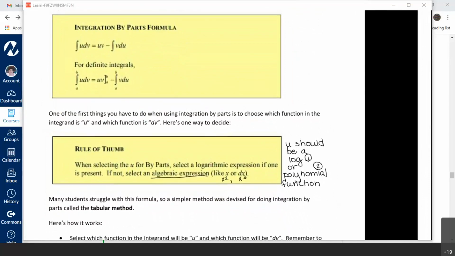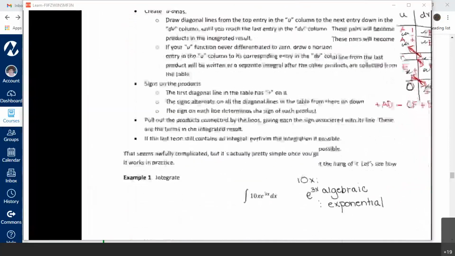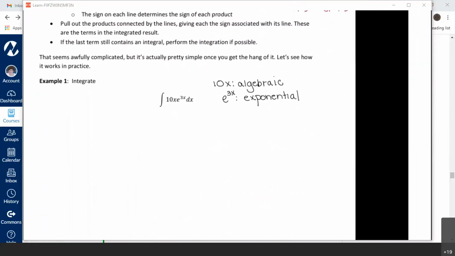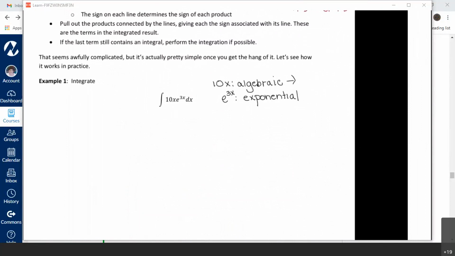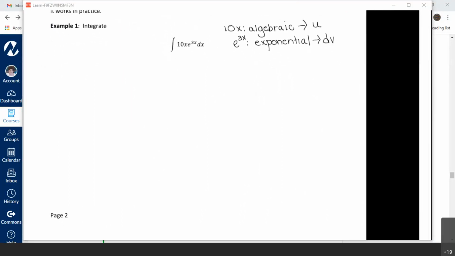If not, select an algebraic expression. So I don't have a log expression here. That means my algebraic expression is going to be my u. And by default, since the integrand is going to be conceived of as u times dv, then the exponential is dv. Once you pick u, dv is chosen.